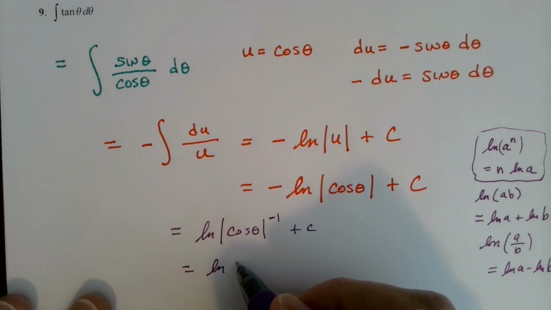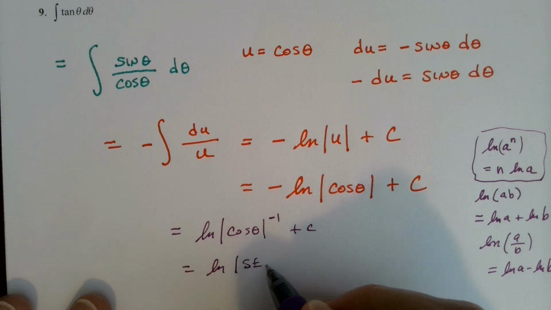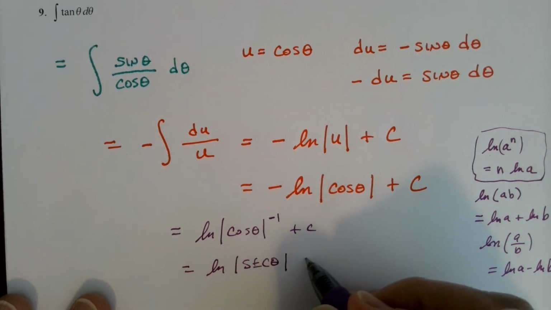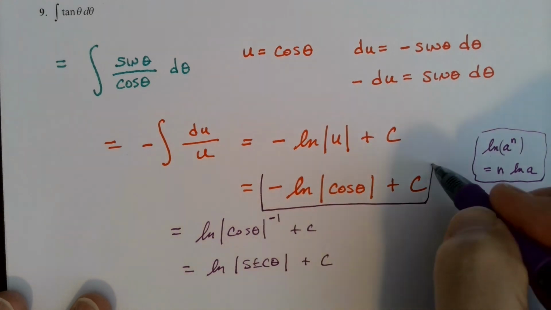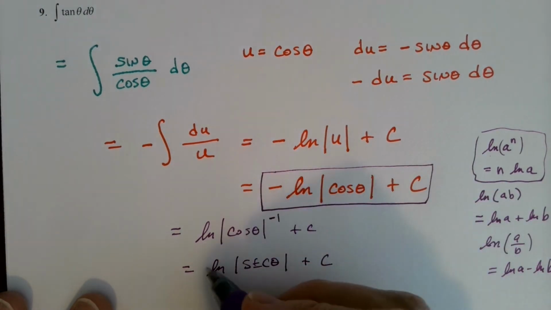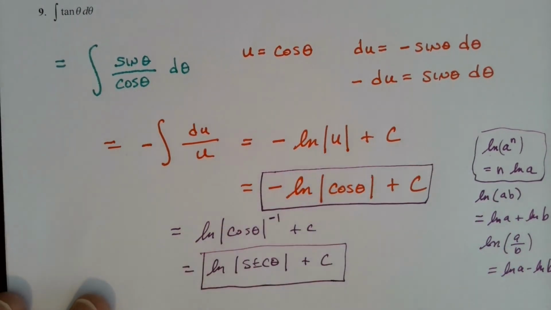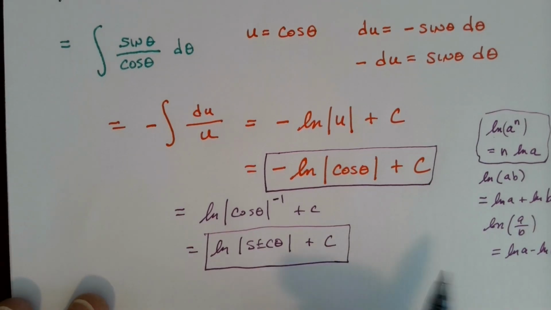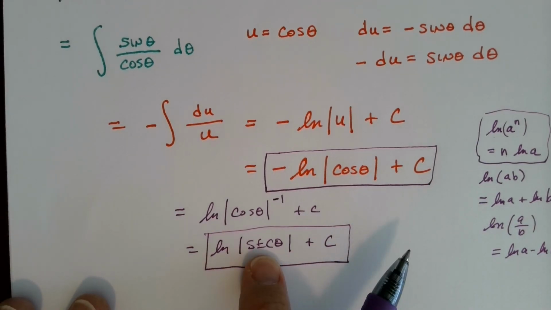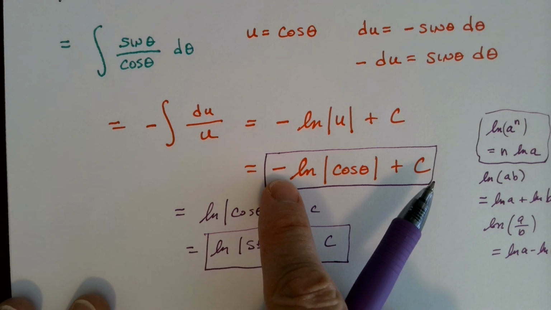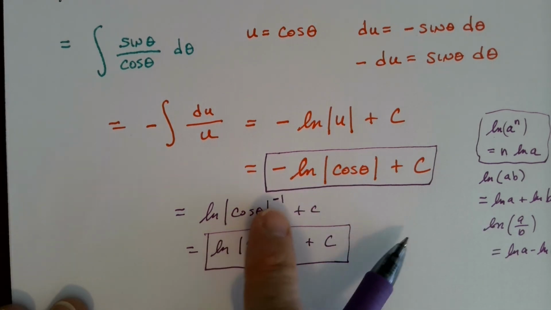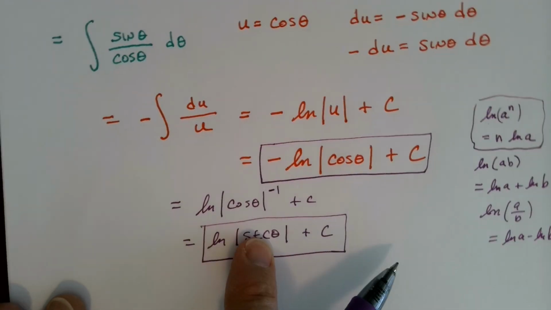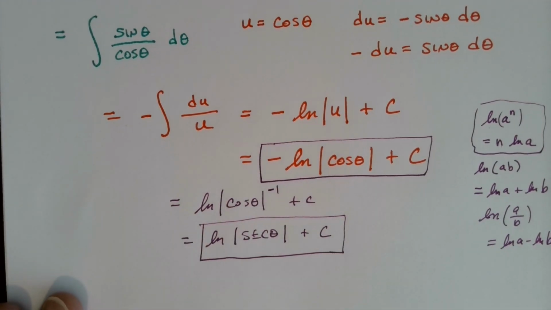That is the secant function. So this is one way to write the antiderivative of tangent theta, and here is another that is equivalent just by properties of logarithms. The natural log of the absolute value of secant theta is the same as -1 times the natural log of the cosine function, because cosine theta to the -1 is 1 over cosine, and 1 divided by cosine is secant theta.